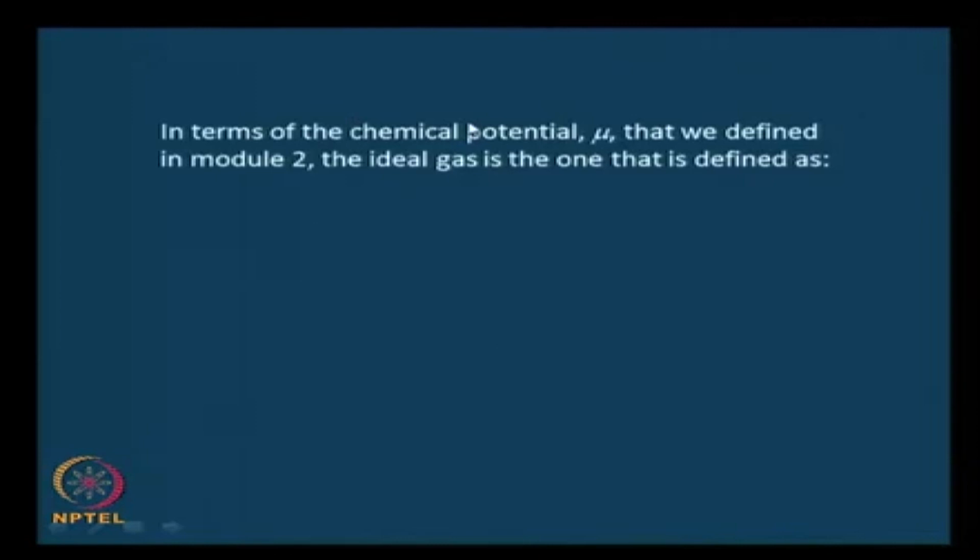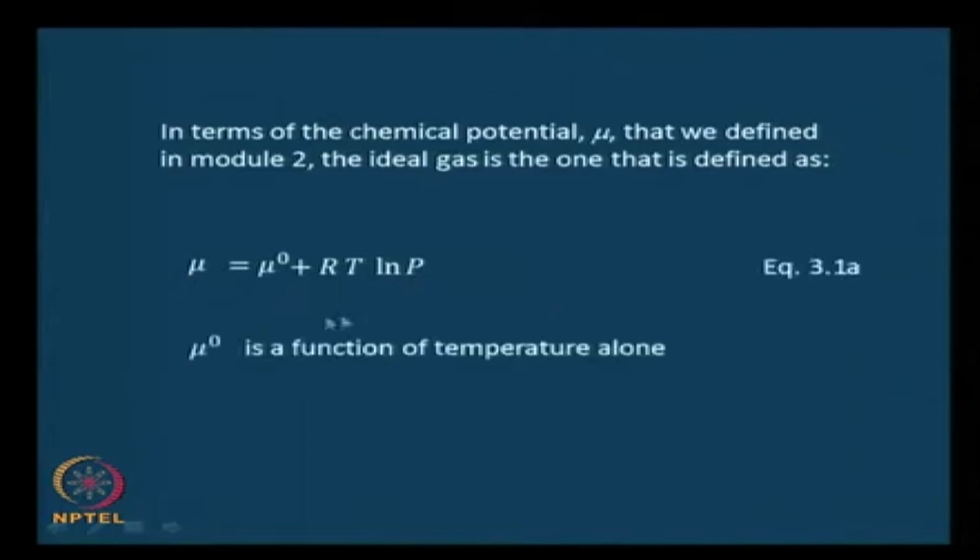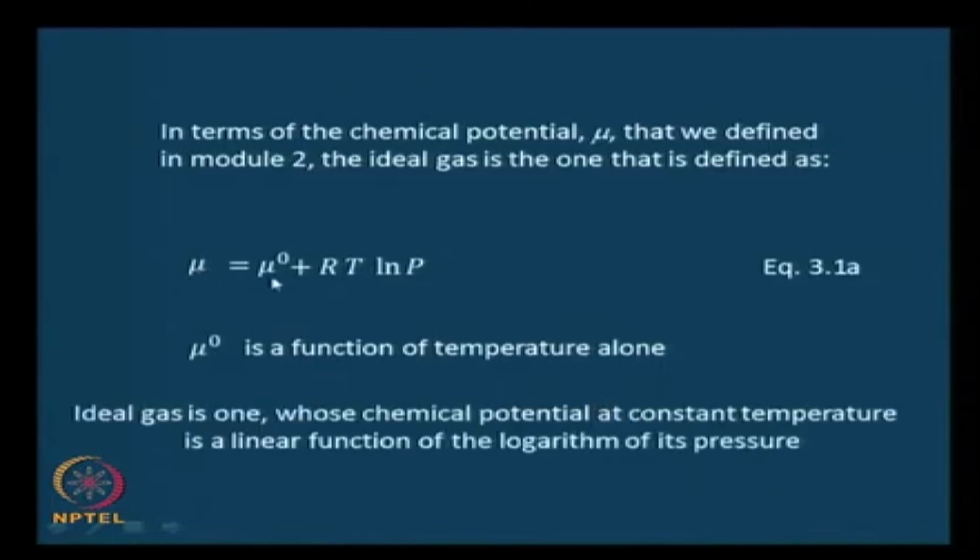This is where we brought in the things specific to our course. We said in terms of the chemical potential, we have already defined the ideal gas as something that follows mu equals mu naught plus RT ln P. In fact, we have defined what a chemical potential is earlier. We are defining what an ideal gas is in terms of the chemical potential in this module. One that satisfies this equation is an ideal gas, where mu naught is a function of temperature alone, and it is quite easy to see here.